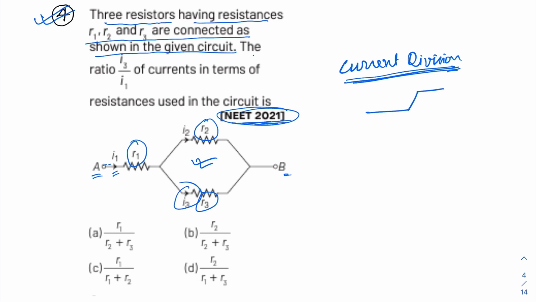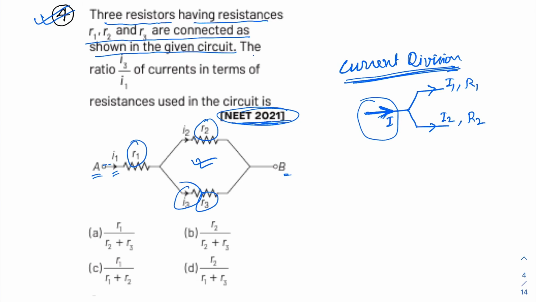Suppose there are 2 branches like this, and this current is, let it be I, and here it is I1 and here it is I2, and the branches have resistances R1 and R2. The resistance of the rest of the circuit has no relation, it may or may not be there, it will not be counted in this formula.